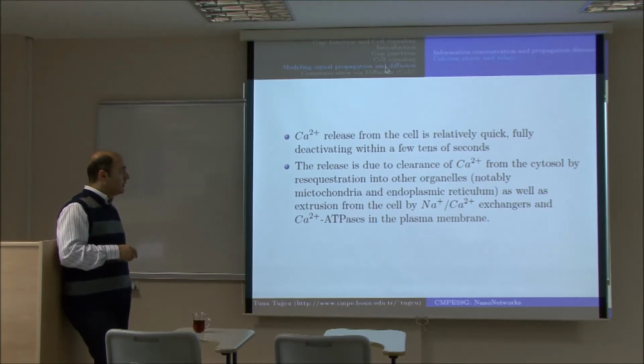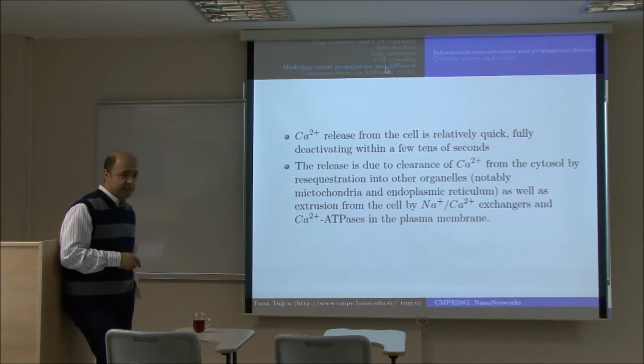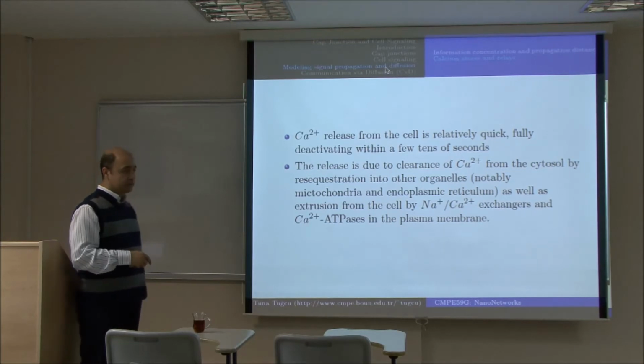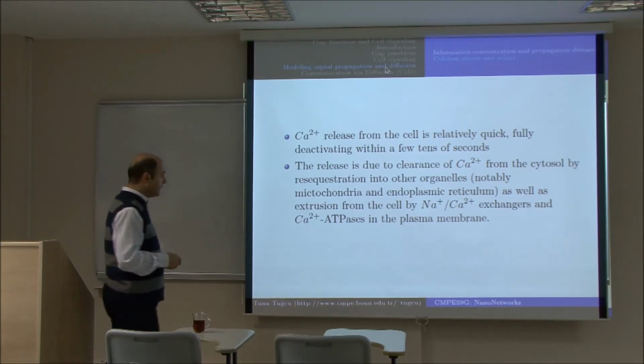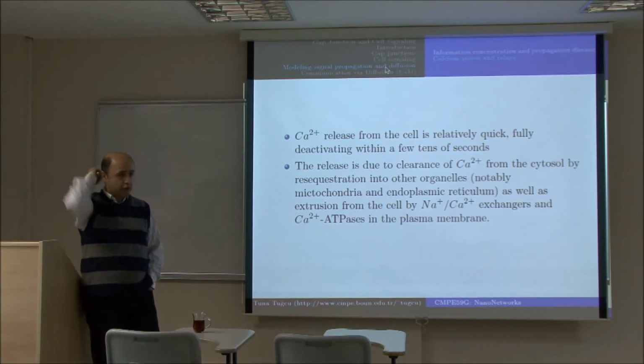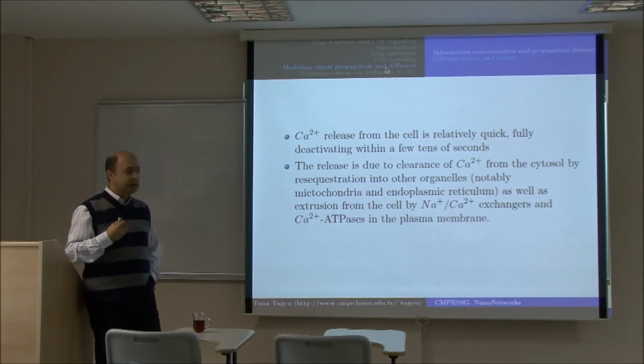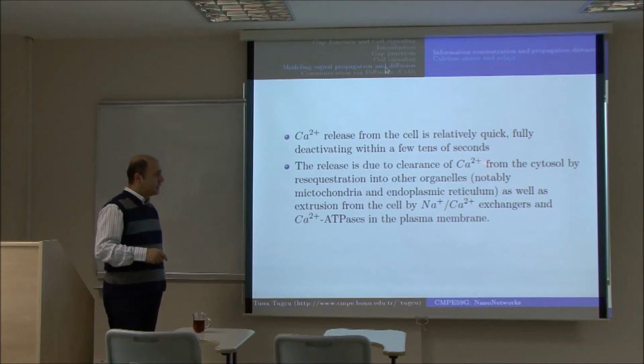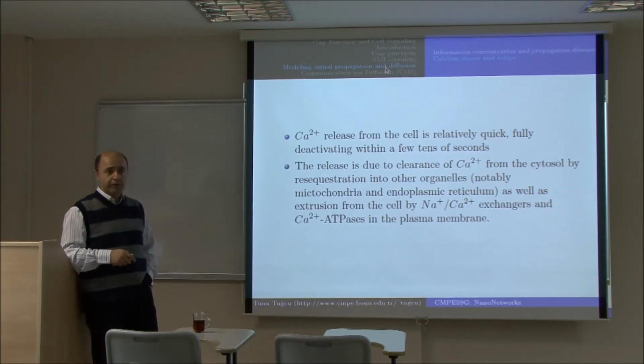The calcium release from the cell is relatively quick when required, and it fully deactivates within a few tens of seconds. This is due to the clearance of the calcium from the cytosol by resequestration, collection into other organelles, typically the endoplasmic reticulum and the mitochondria.